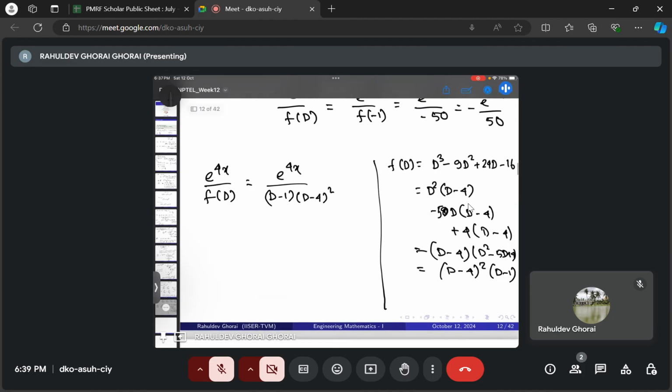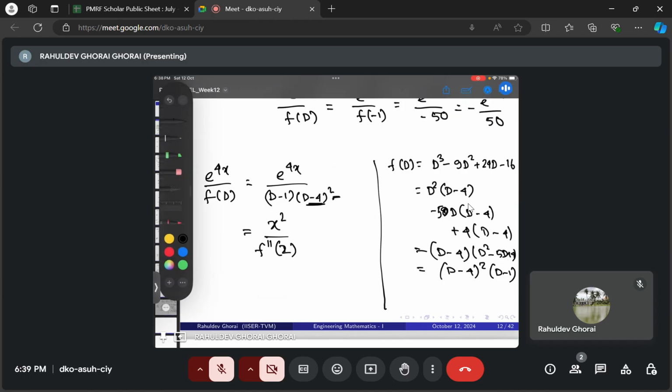So how can you write this one? Because you have (D - 4) with power 2, you write x squared over f''(4), sorry, f double prime, evaluated at 4, times e^(4x).